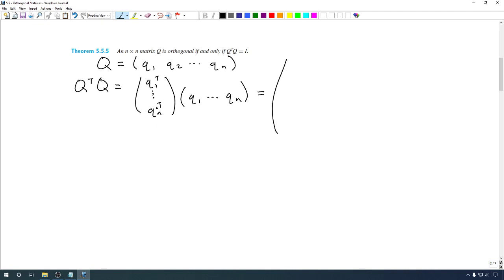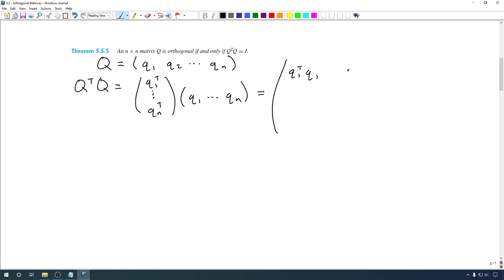Well, keep in mind that what we have here is an n by n times an n by n, but the first thing that we're going to have up here is this first row, the Q1 transpose, times this first column, this Q1. So that's what we have there.